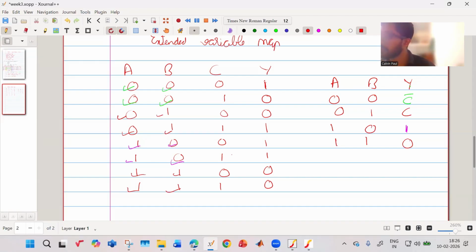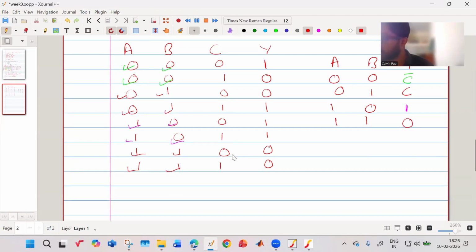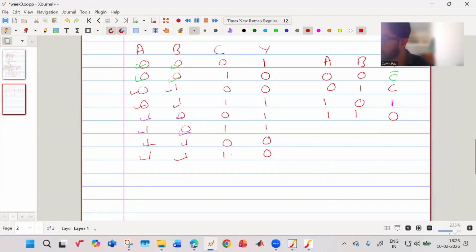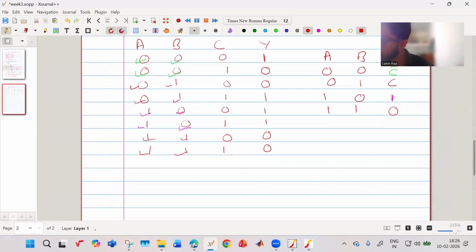Now let us try to draw the K map of this. So what is the K map of this? Let us do it all side by side to make more sense of it. So this is your A, this is your BC.